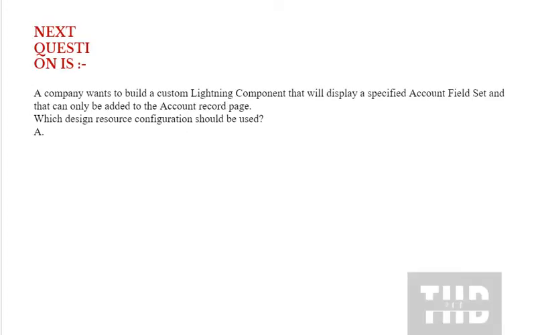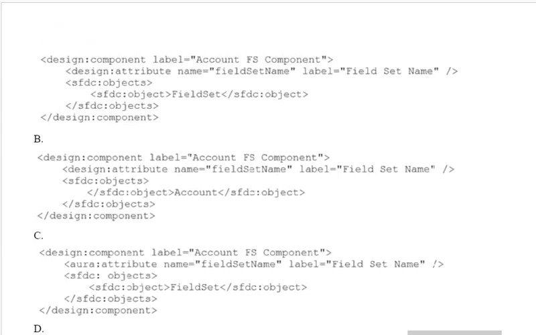Next question is, a company wants to build a custom Lightning component that will display a specified account field set and that can only be added to the account record page. Which design resource configuration should be used? See the options.